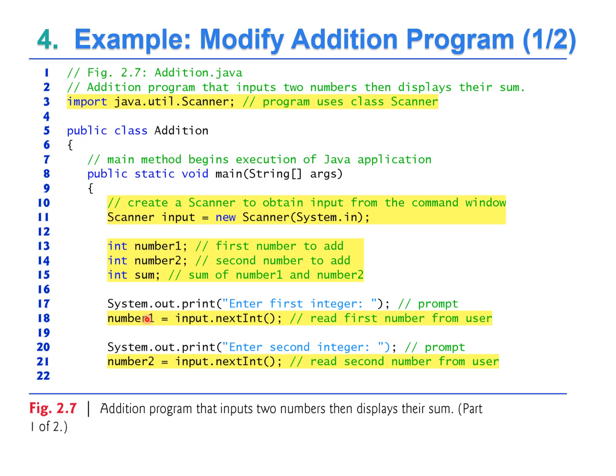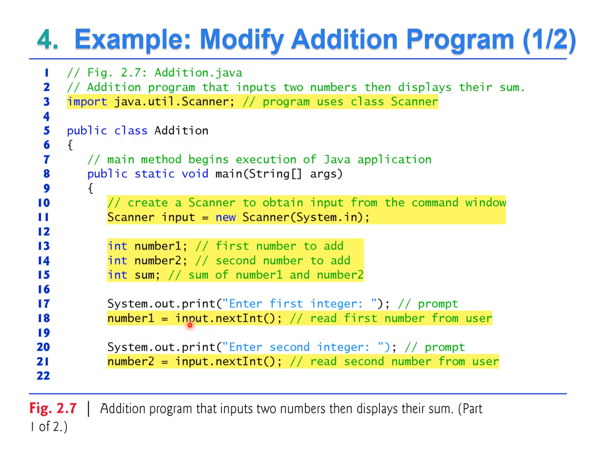So in the main method of this program, we also declare three variables, number1, number2, and the variable sum. But here we don't have to initialize number1 and number2. We will have the user enter the values and store them in number1 and number2. In order to do that, we have to use the Scanner class, and therefore we have to import that Scanner class before the declaration of the class Addition.